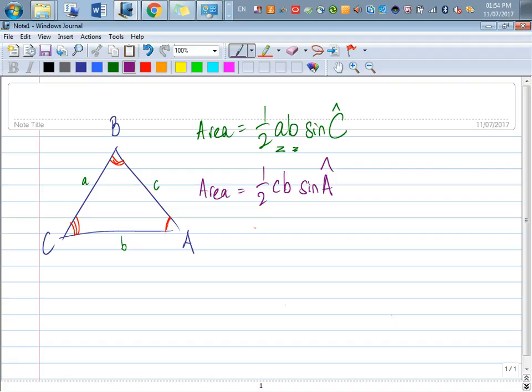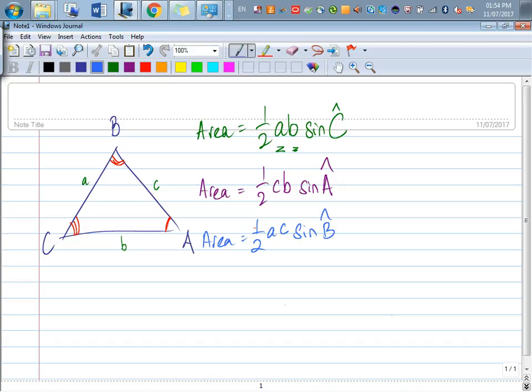This is another formula for the area of this triangle, the same exact triangle. So who can name me the last one? Half A C, small c, sine B.